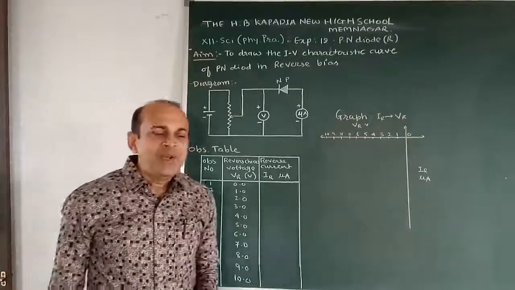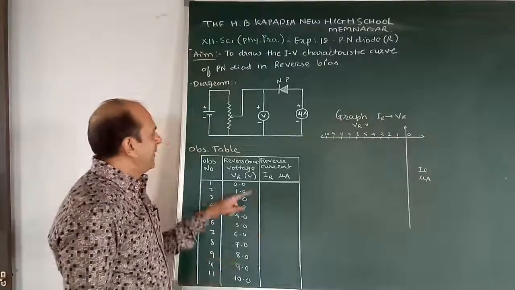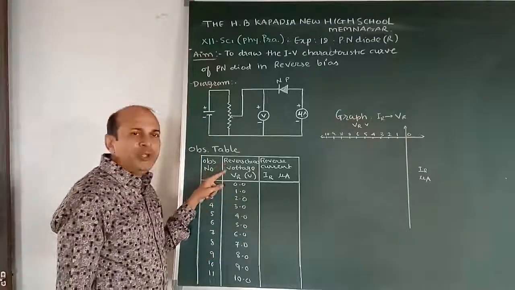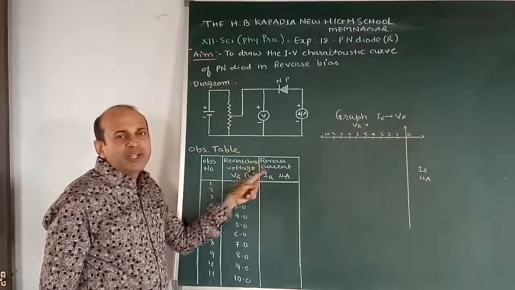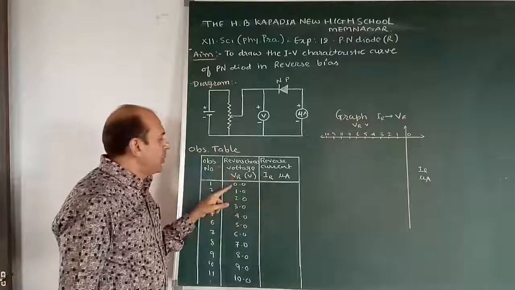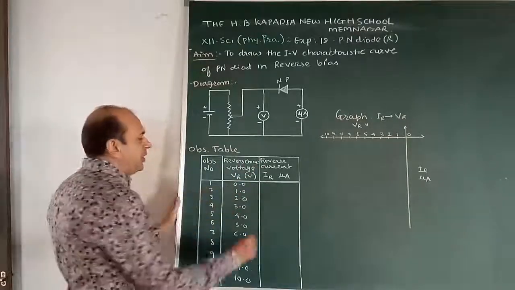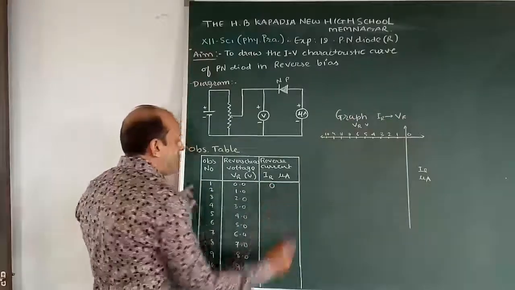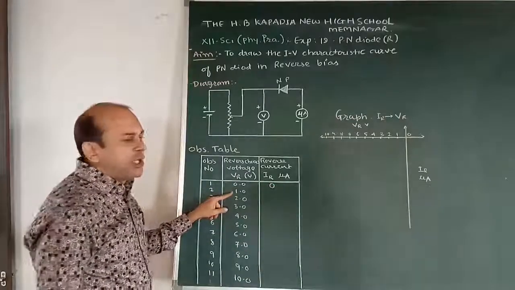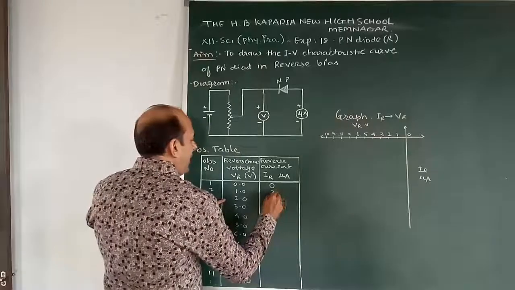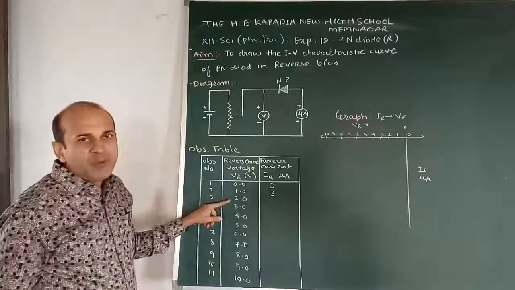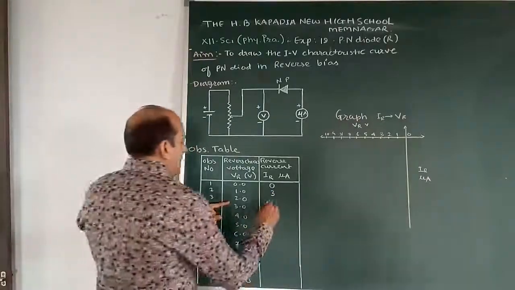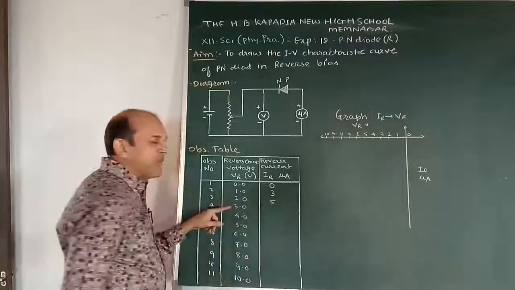Now let me note down these readings, the reverse bias voltage VR versus reverse current IR in micro range. For 0 voltage the current was 0, and for 1 volt the current was 3 microampere. For 2 volts it is 5.